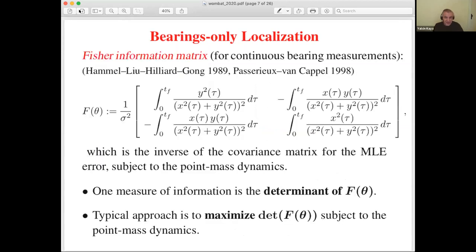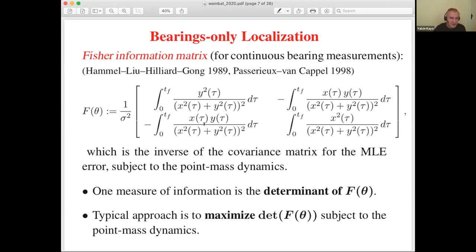So what is done for this? There are different measures, of course. One of the measures that is used is the determinant of what's called the Fisher information matrix. The Fisher information matrix can be obtained as the inverse of the covariance of the maximum likelihood estimator error, subject to the point mass dynamics that we have.